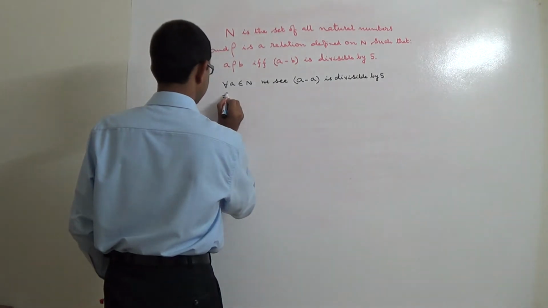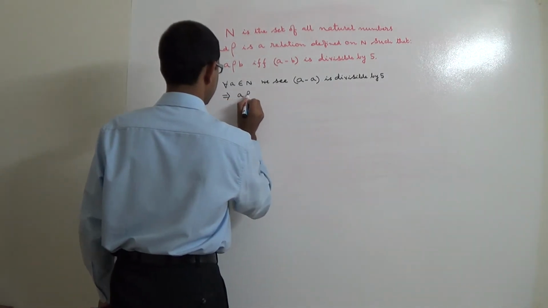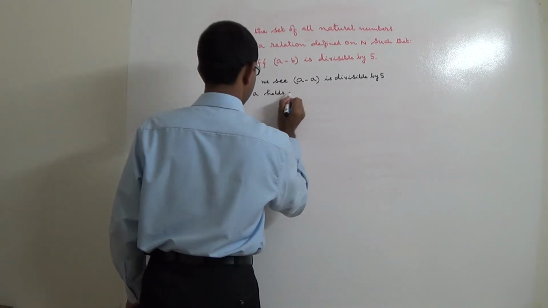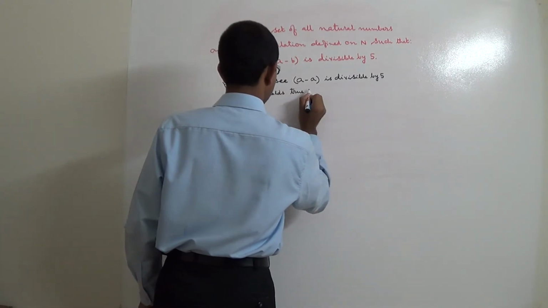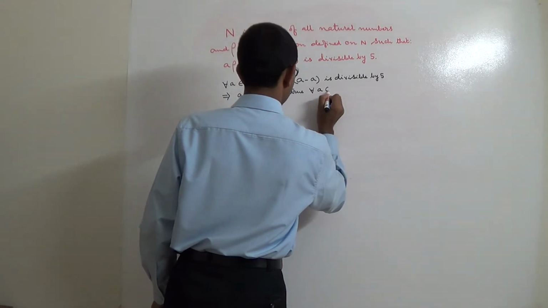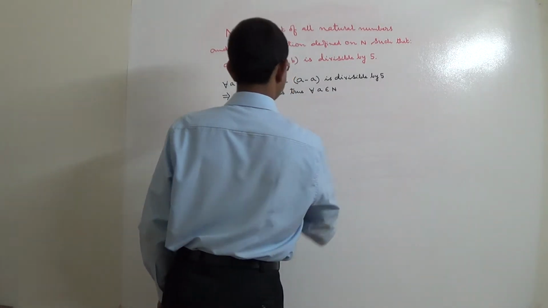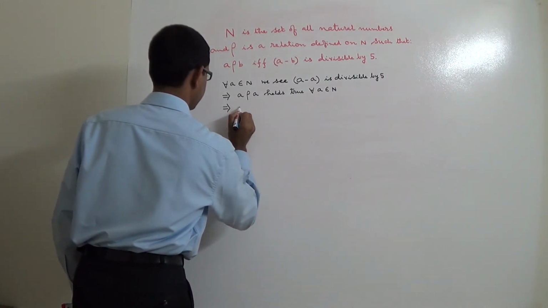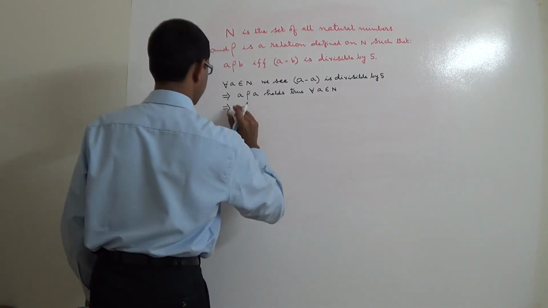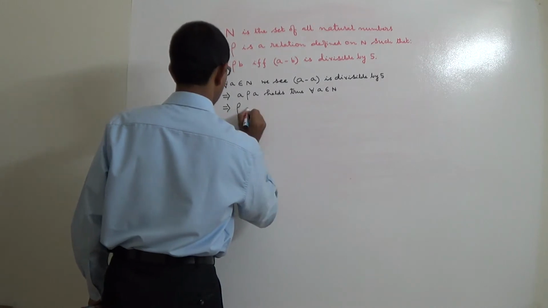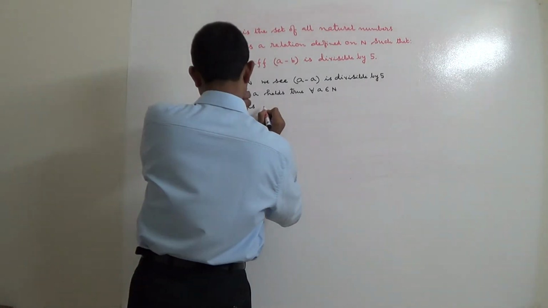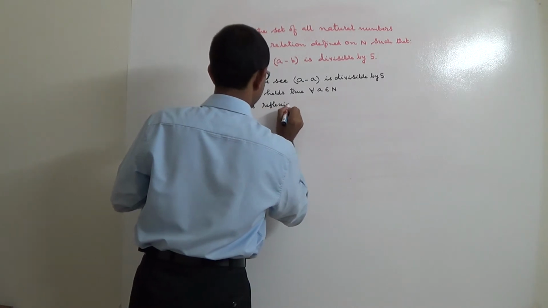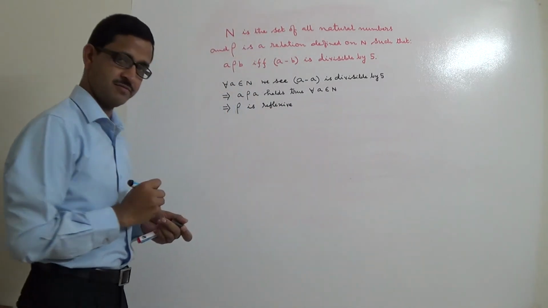So what does it imply? This implies A rho A holds true for all A belongs to N. So this implies rho is reflexive. That we have proven.